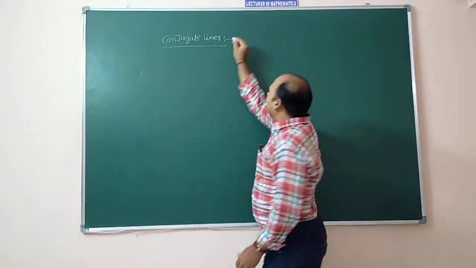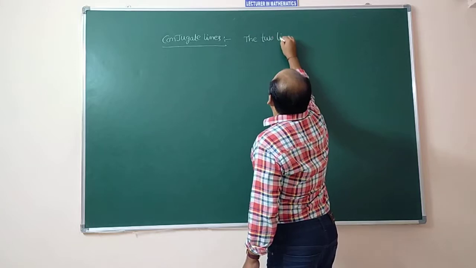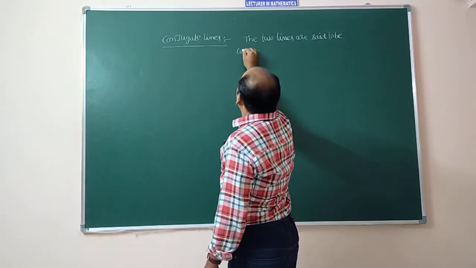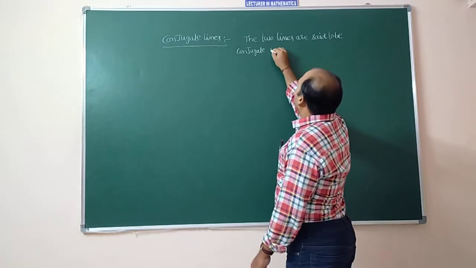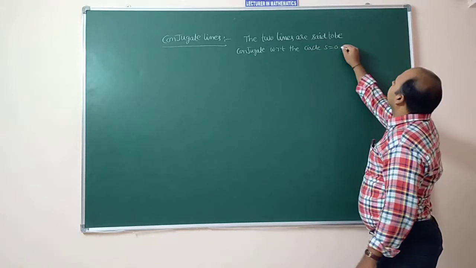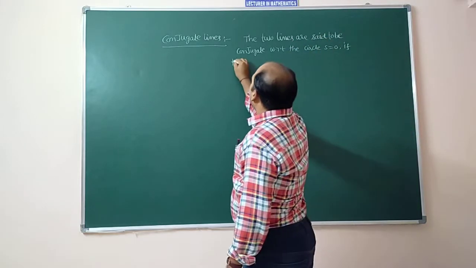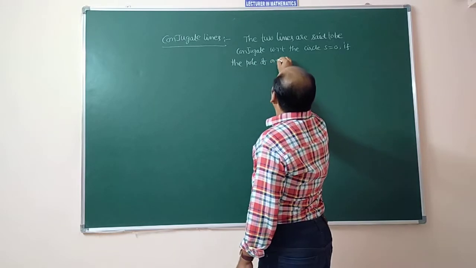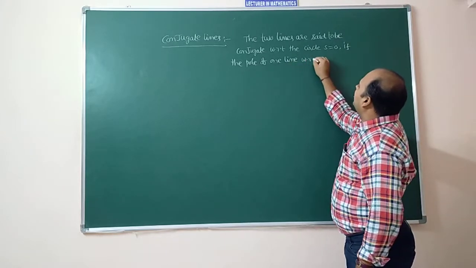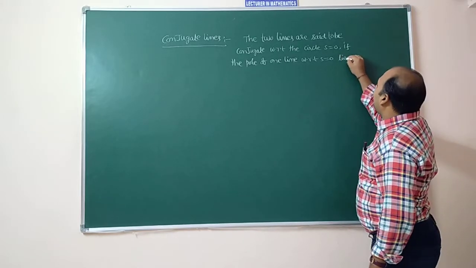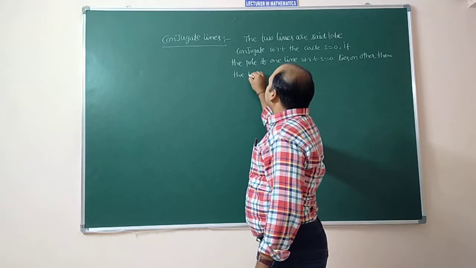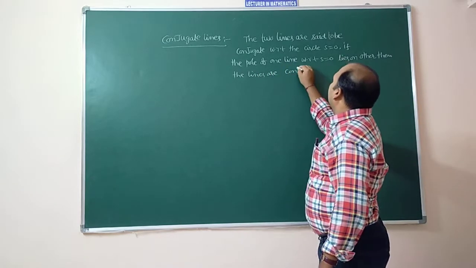Two lines are said to be conjugate with respect to the circle S = 0 if the pole of one line with respect to S = 0 lies on the other, then the lines are conjugate.